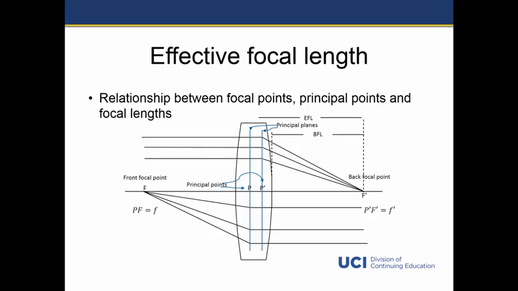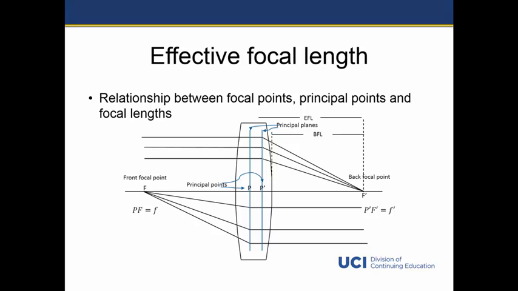But to isolate the principal planes, rather than looking at the refraction, the change in ray path as the light goes through the component, we're just going to draw the continuation of the light from object space and a continuation of the light from image space, and the point where those lines, those direction vectors, intersect defines our principal plane locations. And the intersection of the principal plane with the optical axis gives our principal points.